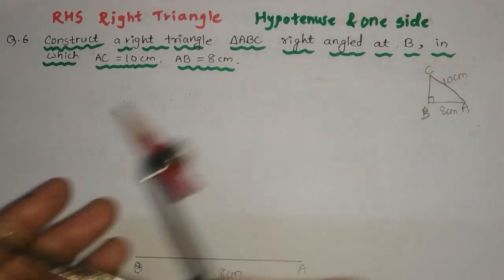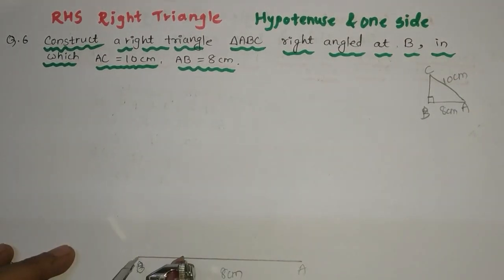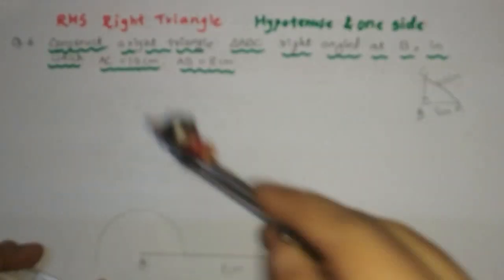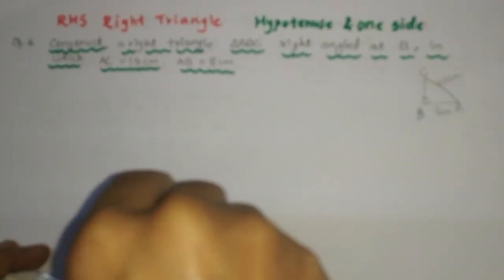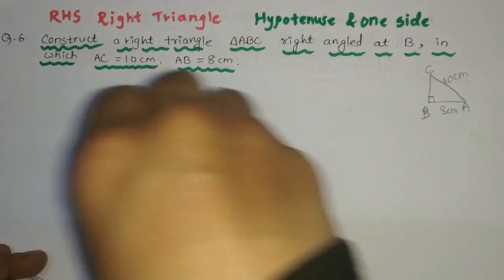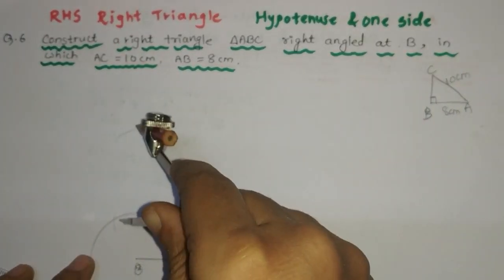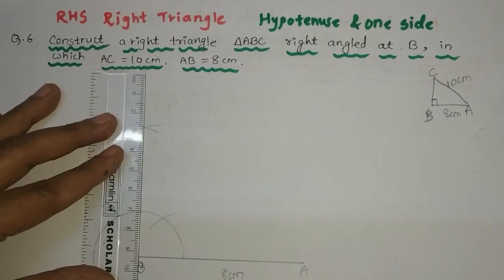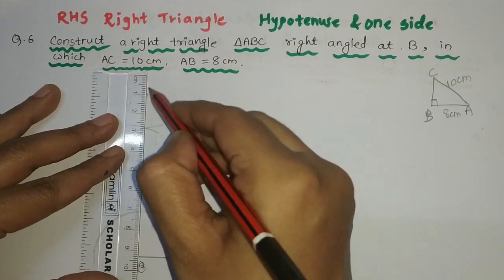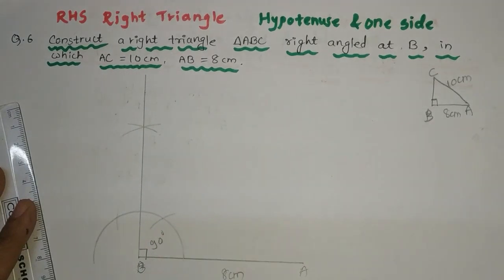So friends, right angle will make, just open a radius, cut this arc here, and then now what point we have got here, intersection, just make a line here. This is we have made 90 degree at B.